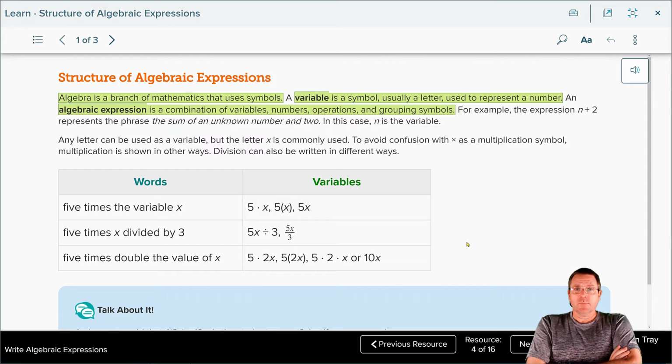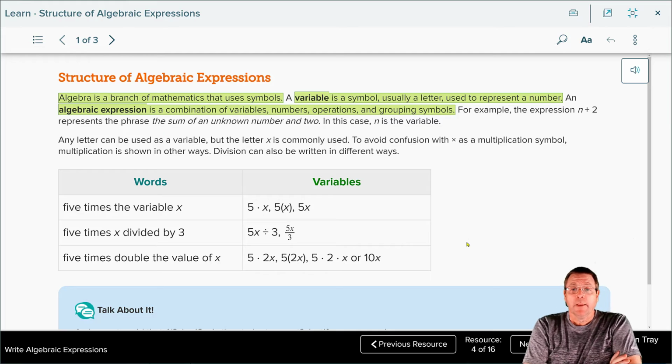An example of an expression would be n plus 2. And it represents a phrase of the sum of some unknown number and 2, and in this case n is a variable. Any letter can be used as a variable. We generally like to use x or y or z, but we don't always use those.